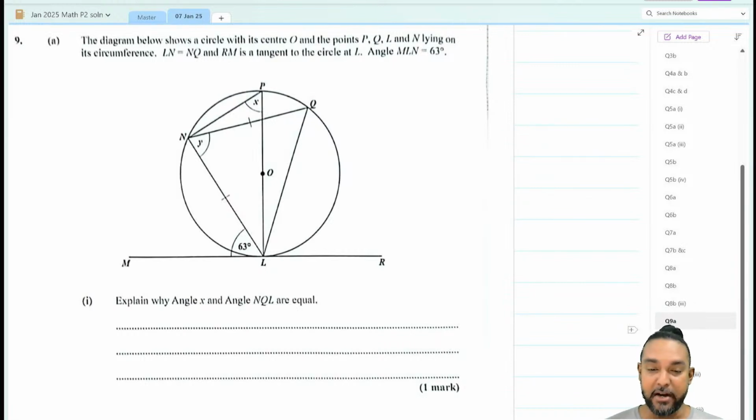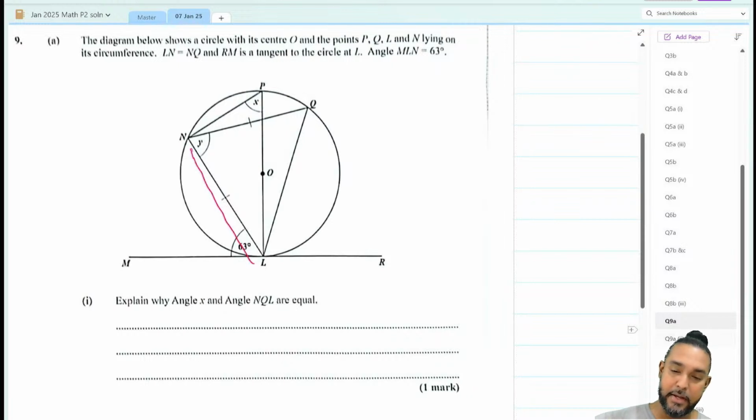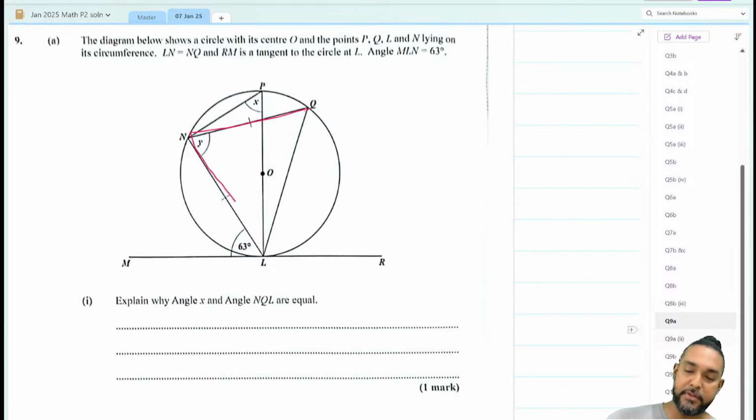All right, okay. The diagram below shows a circle with its center O and points P, Q, L, and N lying on the circumference. LN is equal to NQ. So if you focus on this, you have an isosceles triangle there, which means that these two angles here are going to be equal.